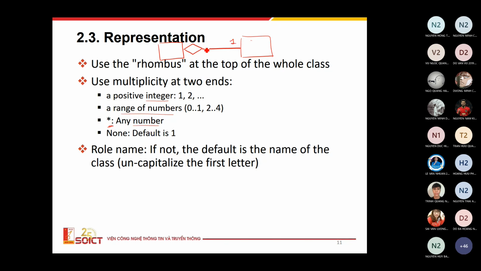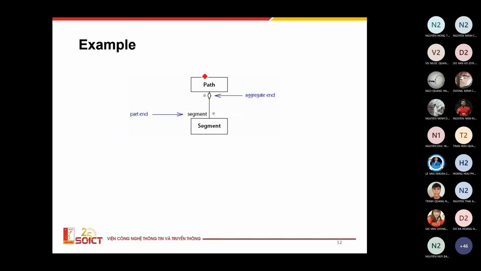That means one object will participate in this relationship. And the role name also, you can use the role name in this relationship. Okay. For example, you can see this illustration. What do you have here?